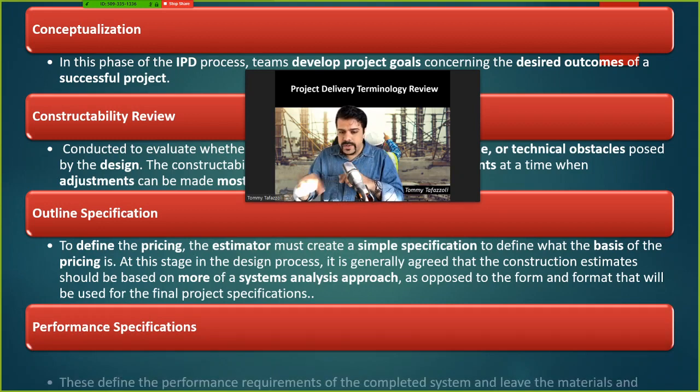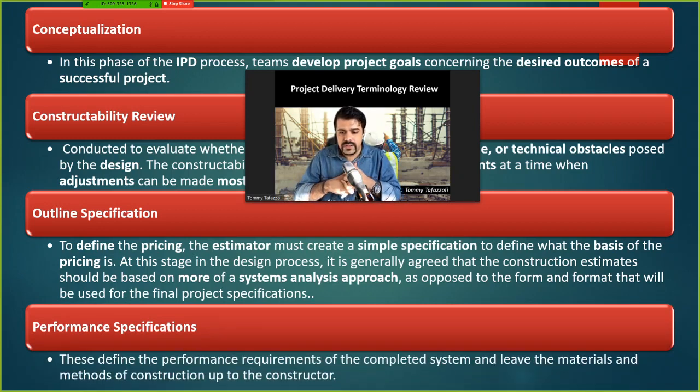So the performance specifications, similarly to design specifications, are documents that define the performance requirements of the completed system. It means when the system is complete, it is expected to do 1, 2, 3. So they are a tool to make sure the owners' expectations are satisfied, and the constructor, meaning the builder.